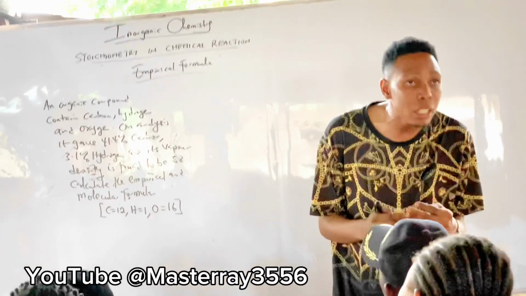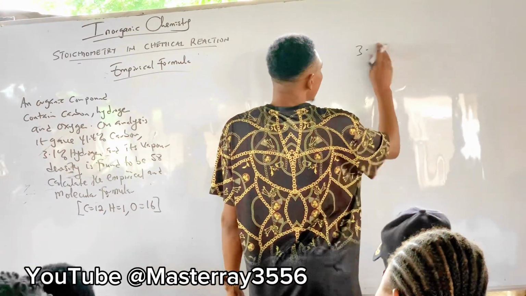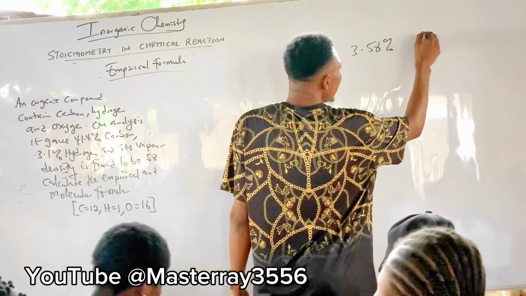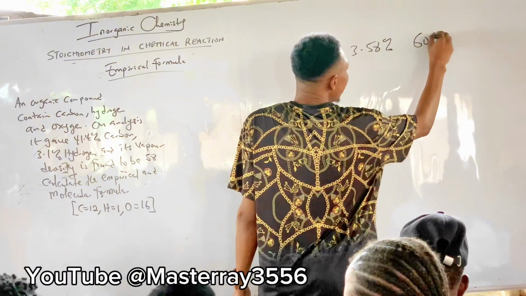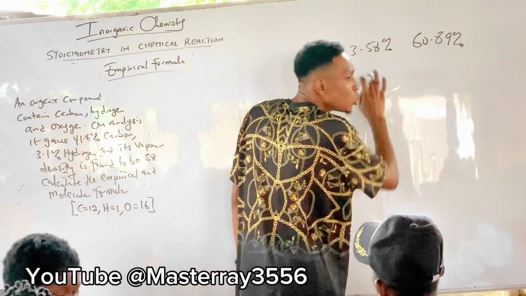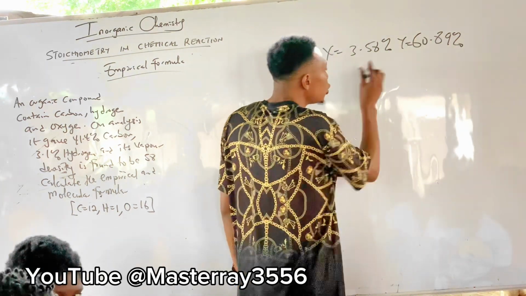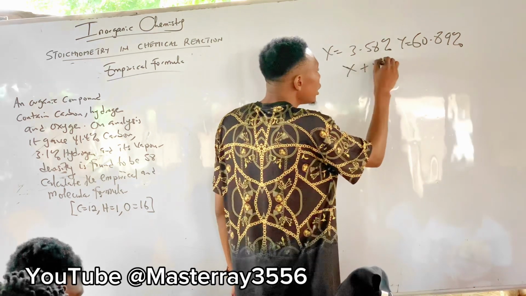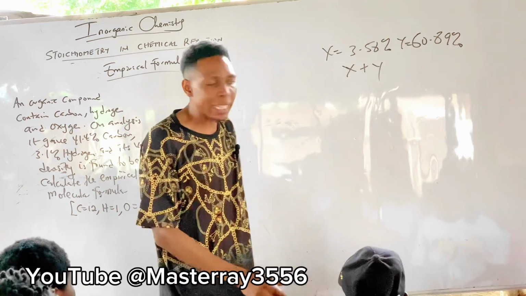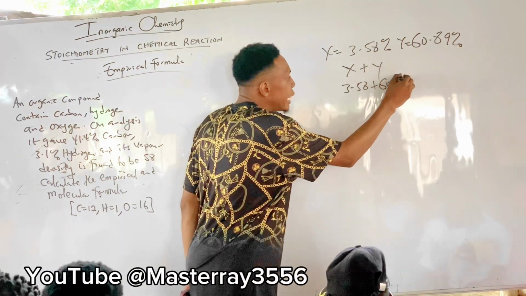So the leftover, you take it to be your oxygen. Are you following? Let's assume we were given 3.58 percent for S and 60.89 percent for Y. Now what do you do? You add up these two compounds, S plus Y. So you add 3.58 plus 60.89.